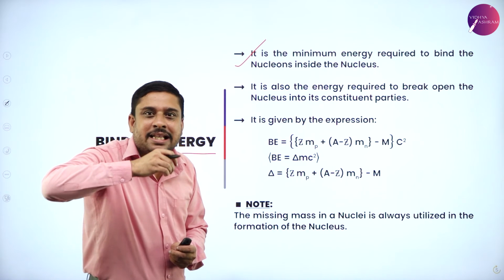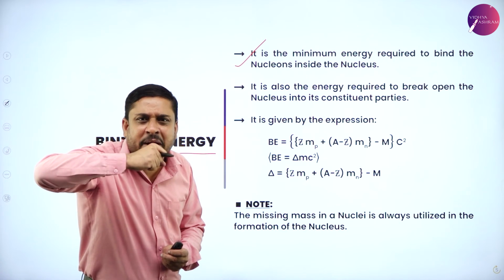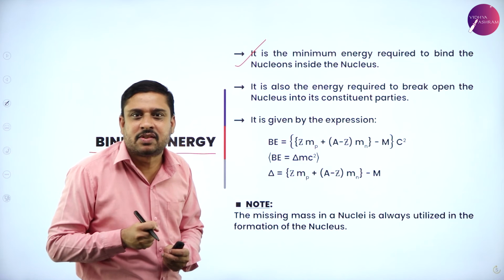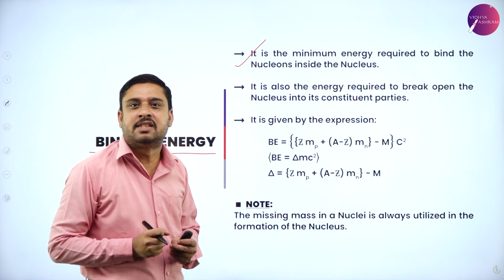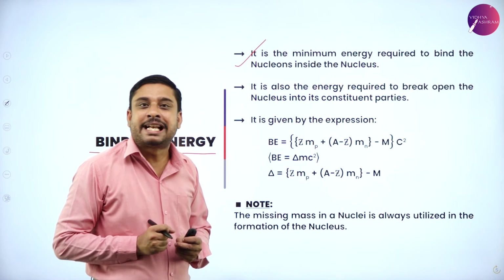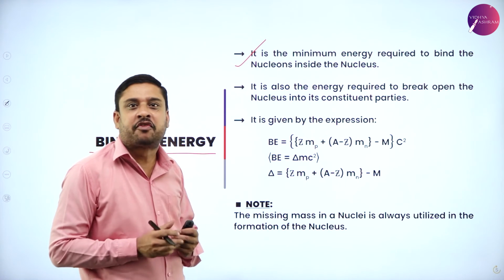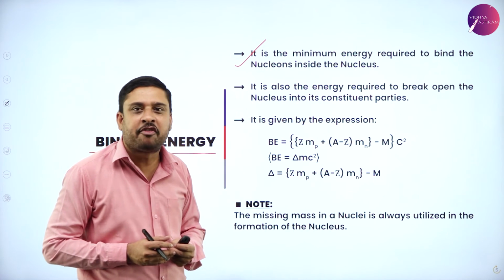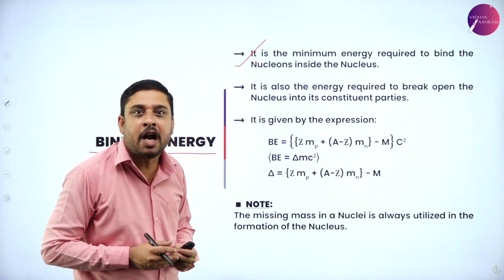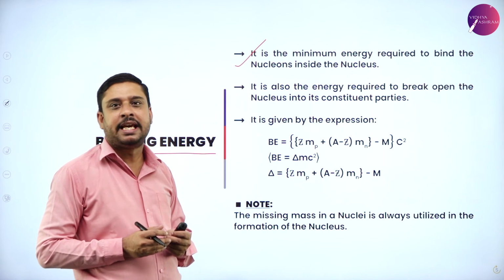We are keeping the nucleons firm inside the nucleus. We are binding them inside the nucleus. We are not allowing them to go out of the nucleus because of the existence of some energy called binding energy.